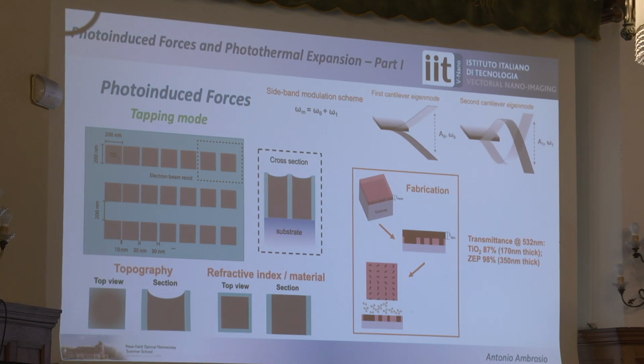This is the EBL photoresist we use for metasurfaces, with the aim of having a flat surface, where the only thing is the refractive index contrast between the ZEP, which is 1.6, something like that, and the titanium dioxide in the visible.